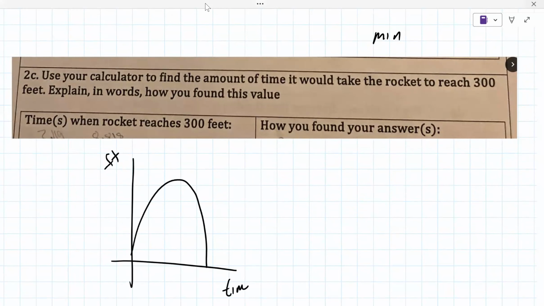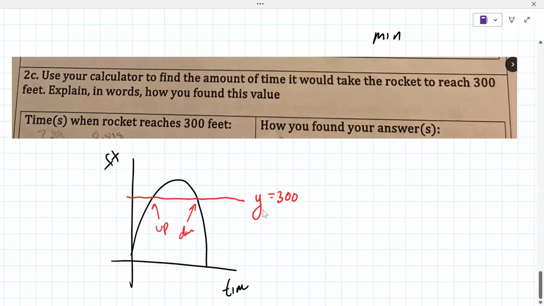There's a place where the graph hits y equals 300 feet, probably on the way up and on the way down. So there are 2 times when it's at 300 feet.